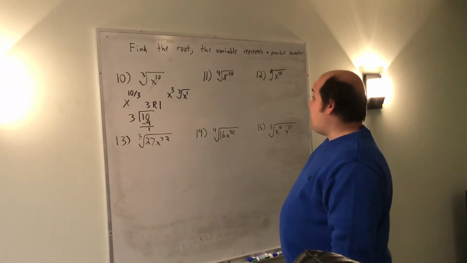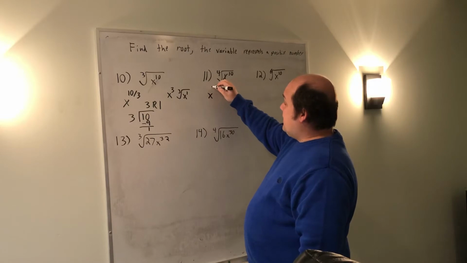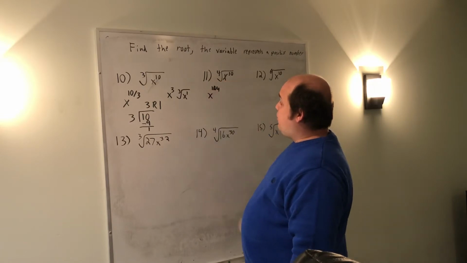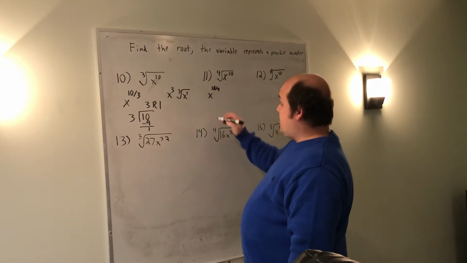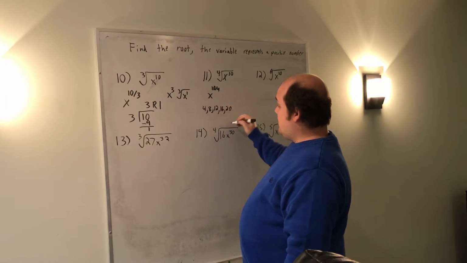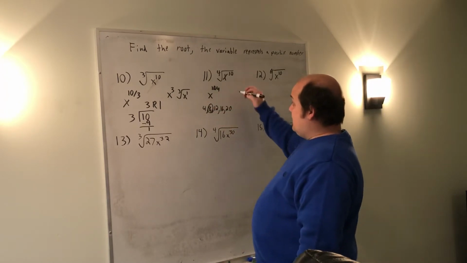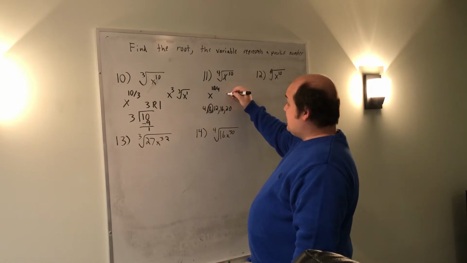If I use the same idea for the fourth root of x to the 10th, it becomes x to the 10th power divided by fourth root. If I think about the multiples of 4: 4, 8, 12, 16, 20, 8 is the one before I get to 10. So I can say this is x to the 8 fourths.